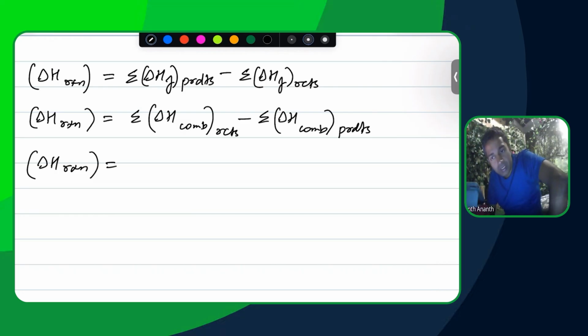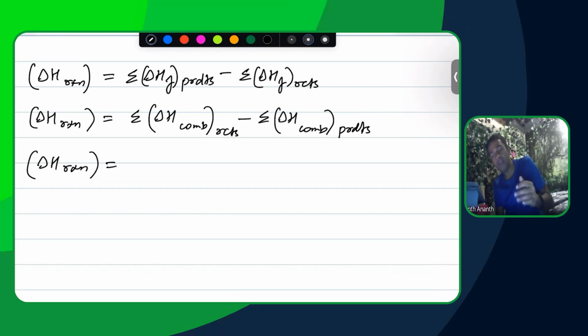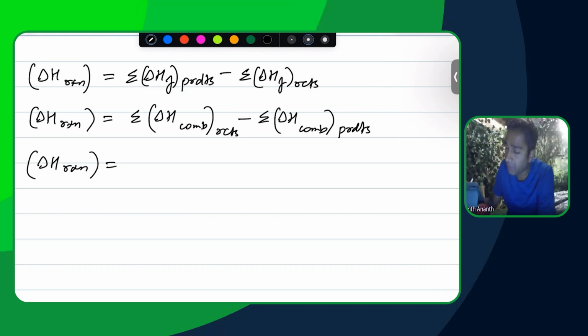In which side do I break the bonds during the reaction? Reactant side. Reactants, we break the bonds. Products, the bonds are going to be formed, correct? Yes, sir. So, when you are given bond enthalpies for breaking the bond, is it defined for reactants or for products?